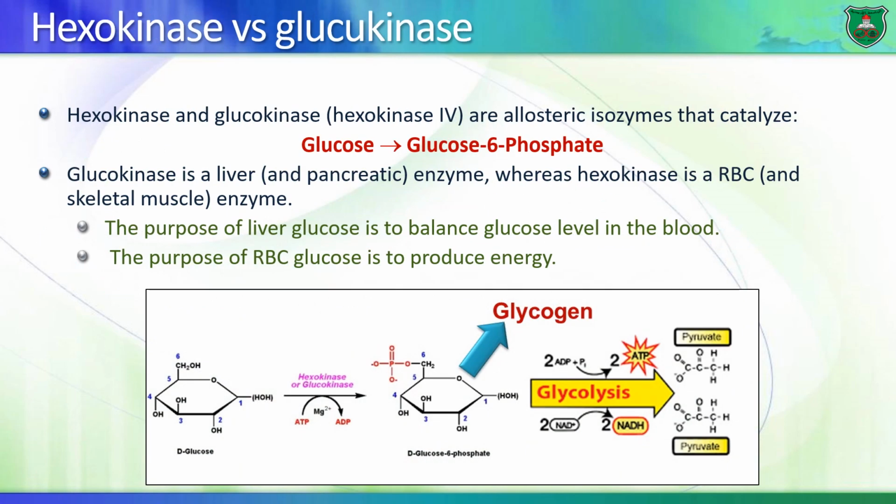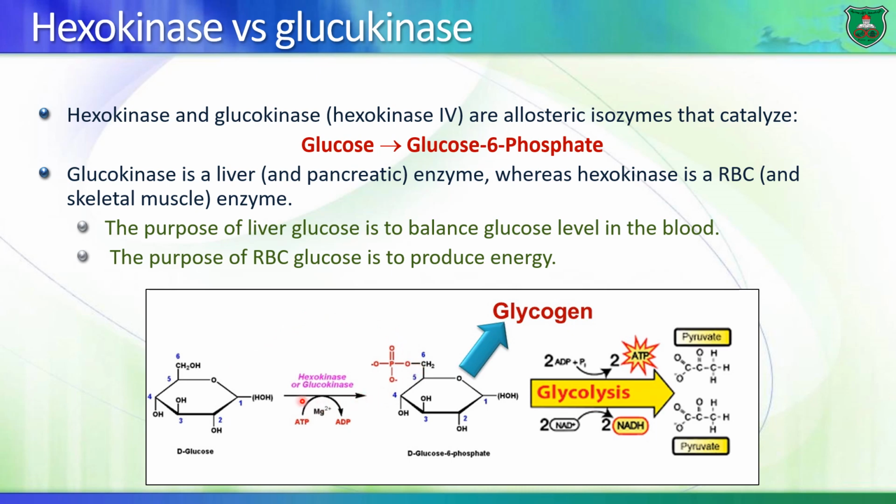So let's talk about two other isoenzymes. The first reaction in the glycolytic pathway is catalyzed by enzymes known as hexokinase or glucokinase. What these do is convert glucose to glucose 6-phosphate.